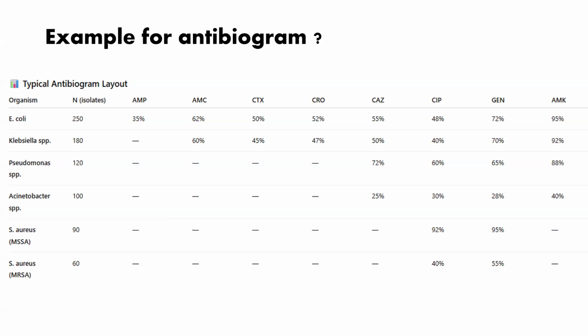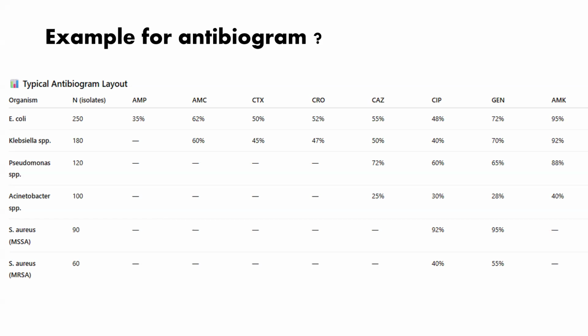For each row, it shows the different susceptibility pattern, or the percentage susceptibility, for each antibiotic for different microorganisms. For example, if we take E. coli, it appeared 250 times in that year, and the susceptibility for AMP, usually ampicillin, is 35%.